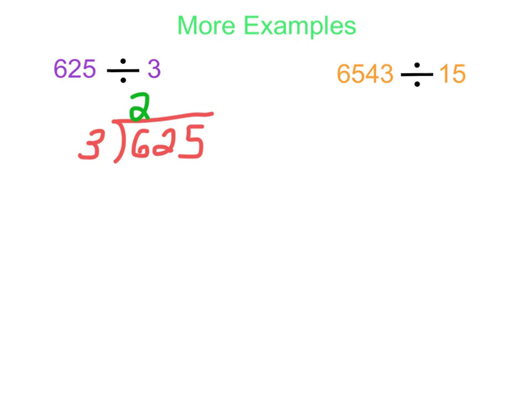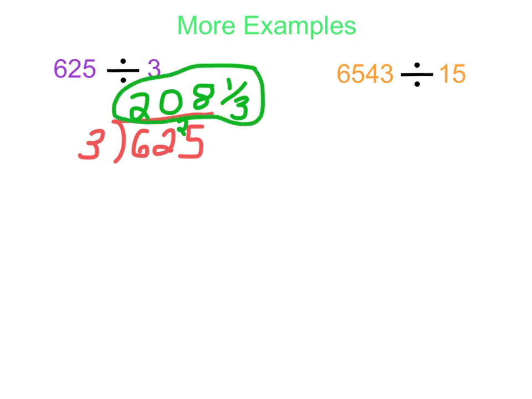I'm going to divide the 2 by 3, and that doesn't work, so I'm going to put that 0 there. But I did still have that 2 left over. So now I have to do 25 divided by 3, which is 8. That gave me 24, not quite my 25, so that means I had 1 left over. And there's my quotient.